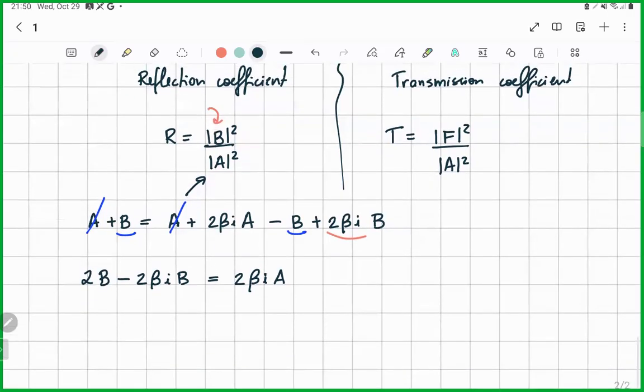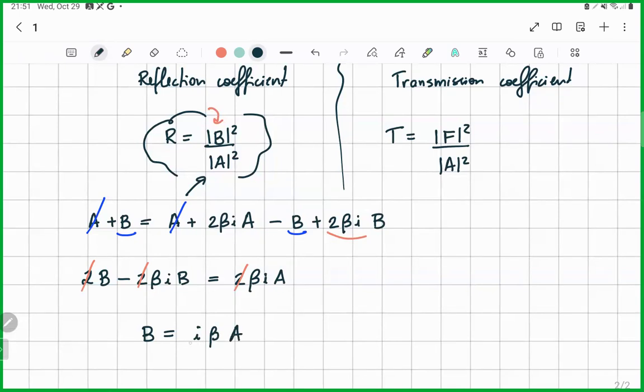What I'm trying to do is write B as a function of A, to then bring it back to this equation. Do you see that the number 2 is everywhere now, so we can get rid of it. And then we find that B is I beta A, and in the denominator 1 minus I beta.